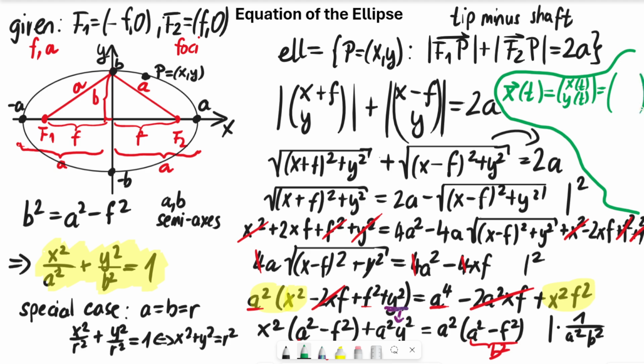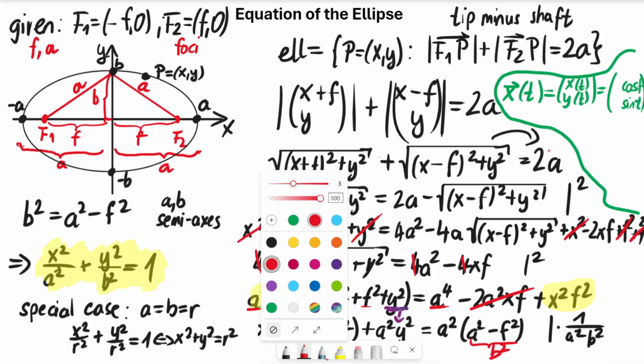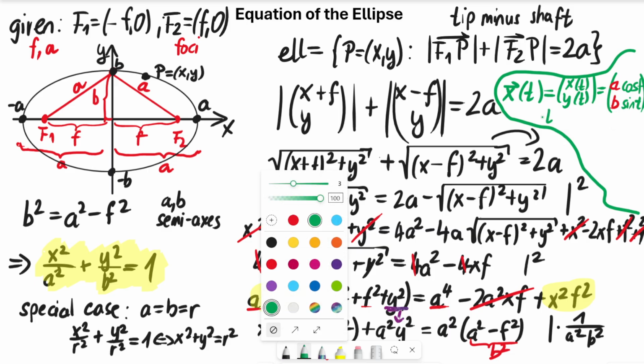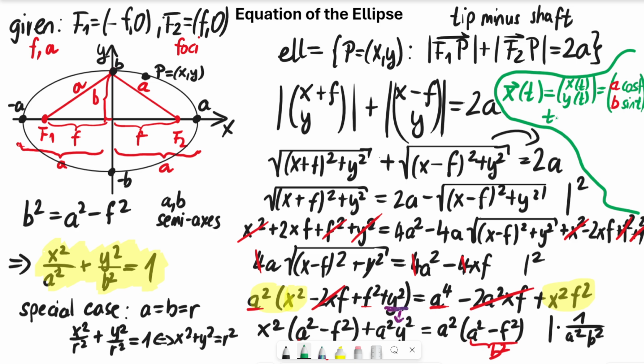So if you want to move circular, you need cosine and sine. This is for sure what we're gonna need. Cosine and sine t. But instead of radius, here we have now our semi-axes a and b. So this is different. For this parametric representation, the range of the parameter is from 0 to 2 pi.